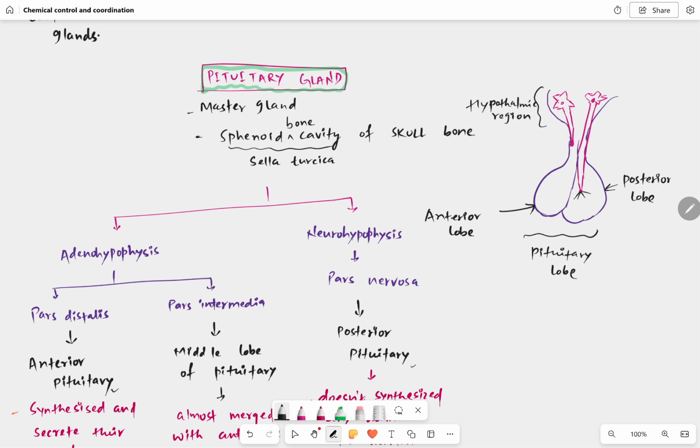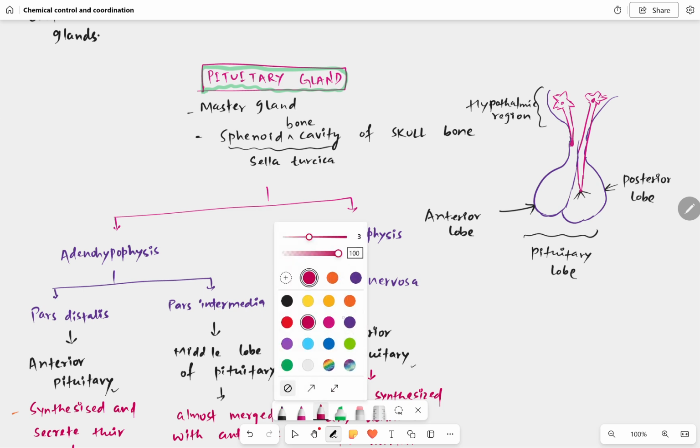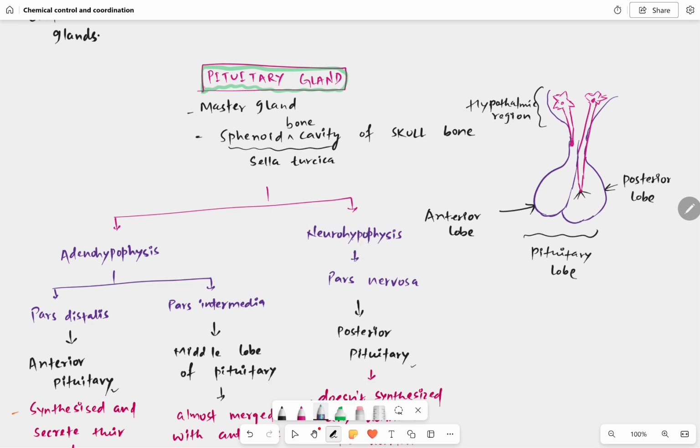But in the case of the anterior pituitary, as you can see, the neurosecretory cells are there, but they are not long enough to reach the anterior lobe. So they get connected with this capillary, and open into the capillary.